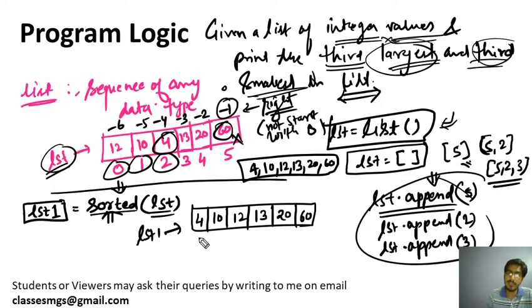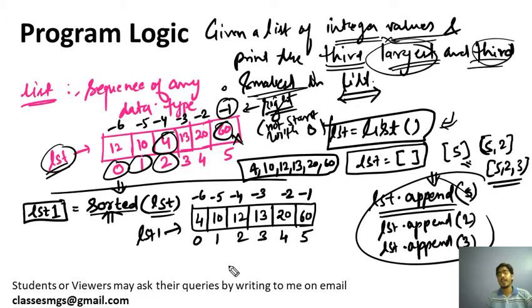Now this list1 variable is this. Now you know the positive indexing: 0, 1, 2, 3, 4, 5, and negative indexing was -1, -2, -3, -4, -5 and -6. Now if you don't know the length of this list, and you access an element from the last, because the last element of the sorted list will be the maximum, the second element from the last will be the second maximum, the third will be the third maximum.